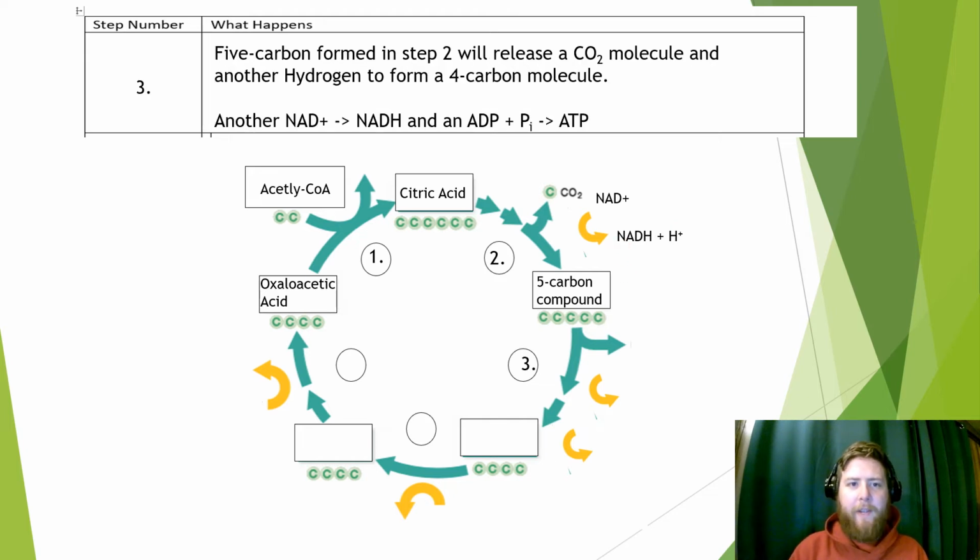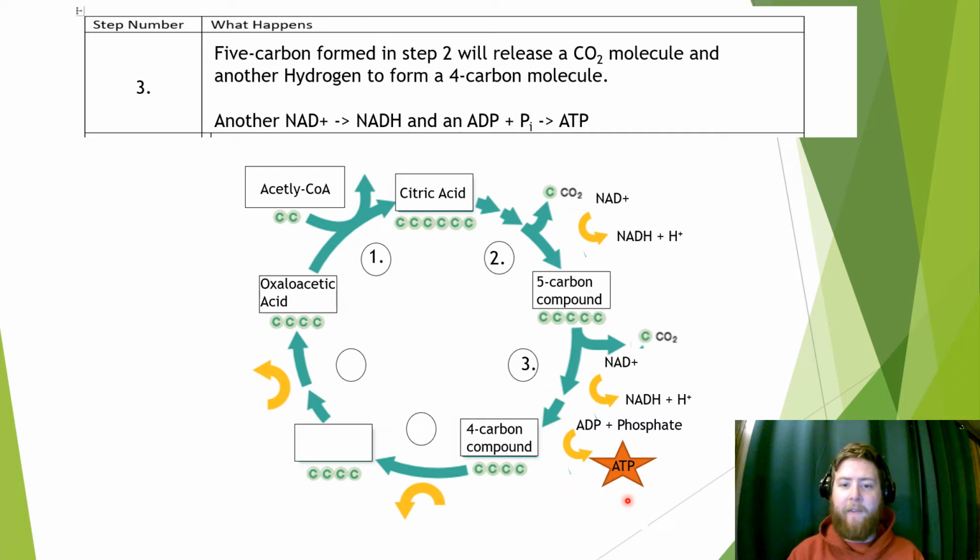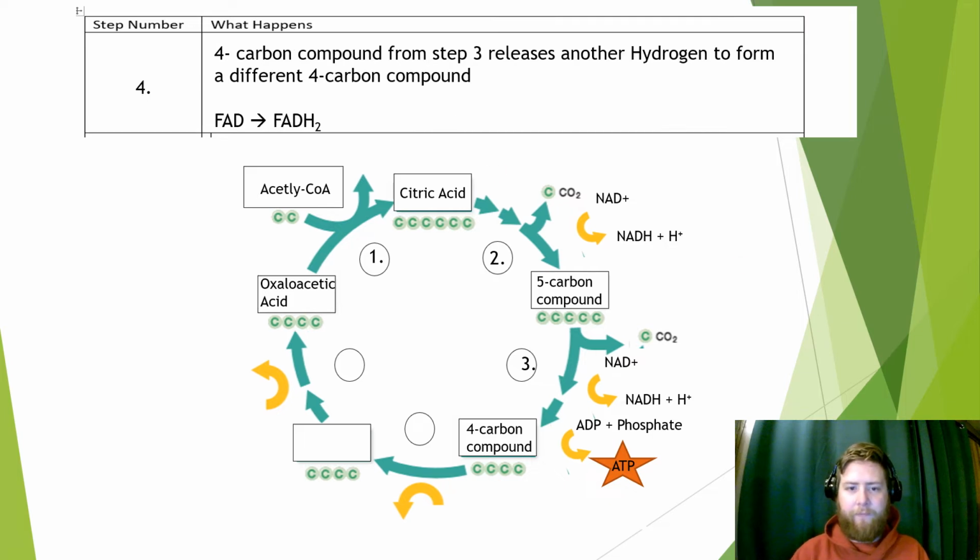In step 3, we take this 5-carbon molecule and release another CO2 molecule and a hydrogen to form, for the first time, a 4-carbon molecule. We're also taking another NAD+ and turning it into NADH, and we're taking an ADP plus a phosphate and turning it into ATP. And remember that ATP is energy.